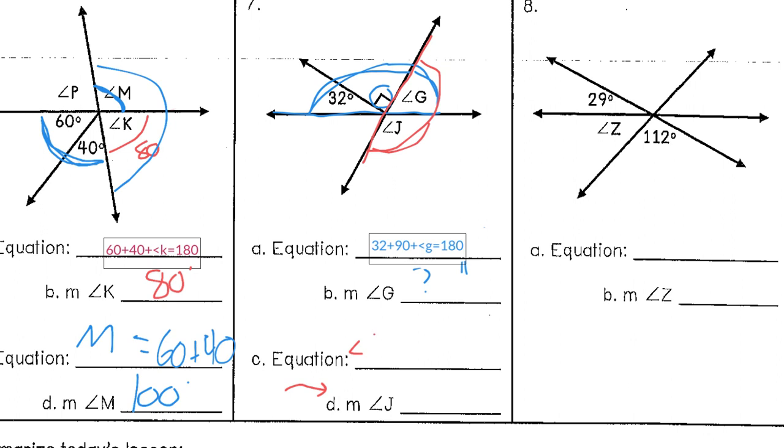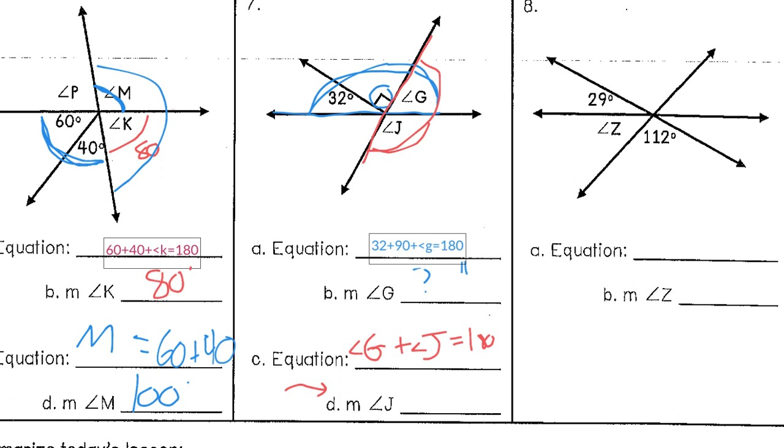Whatever you find for angle G should go here. Angle G plus angle J. Remember, we don't know what that is yet. So if we put these two things together, they equal 180 degrees. Okay? And then if you solve that, you'll be able to find angle J.